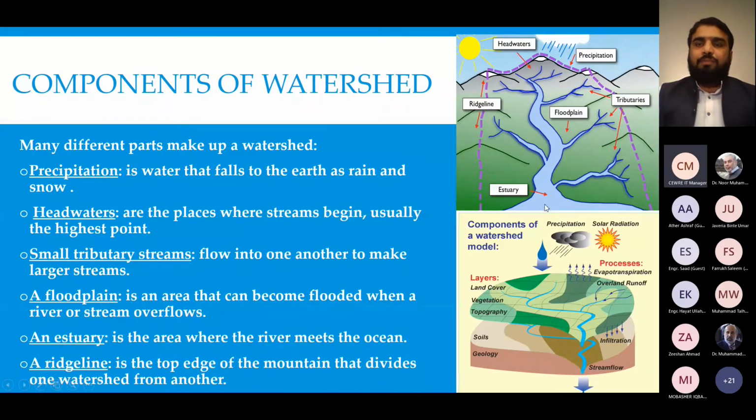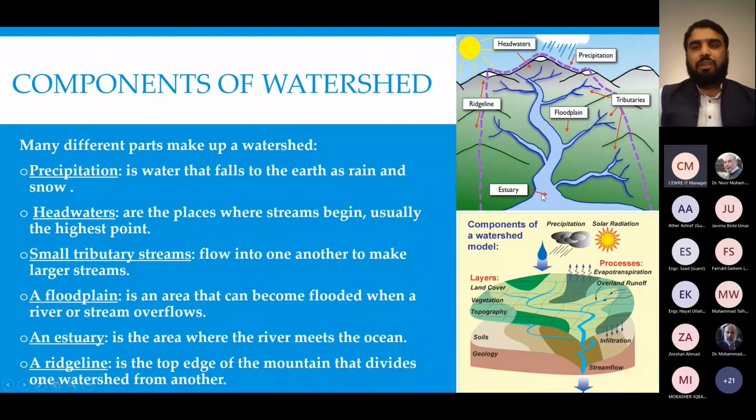As you can see, the next main part is the headwater. The headwater is the area at the remotest, uppermost point where the watershed starts contributing towards any specific point.